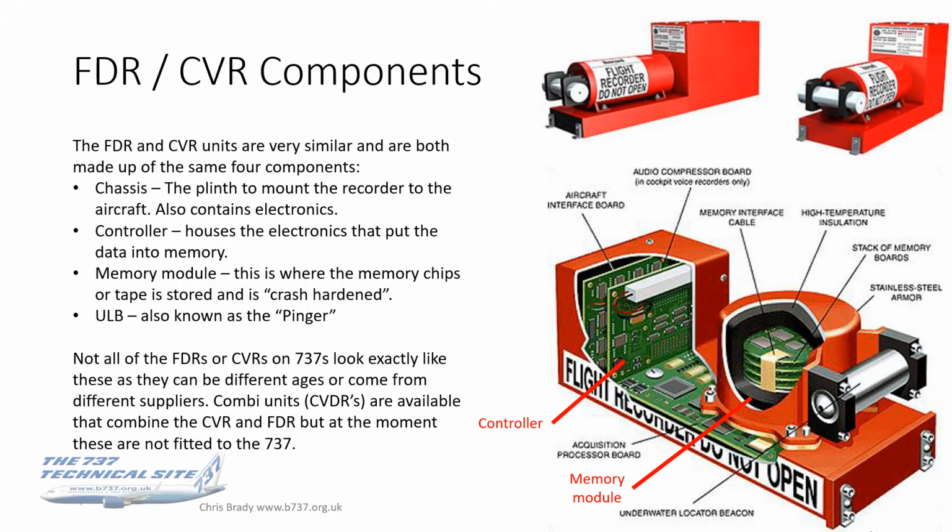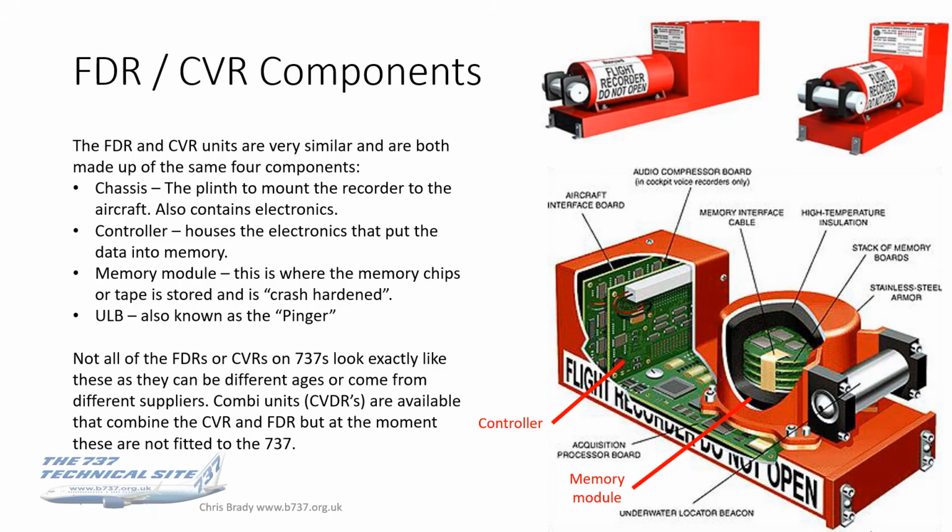The chassis, the long bit on the bottom, that's the plinth, just basically to mount it to the aircraft. Also these days it contains electronics. There's a PCB in there. The controller is the square unit on one side that houses the electronics that basically put the data into memory. So they process the data that comes into the FDR or CVR and put it safely into memory.